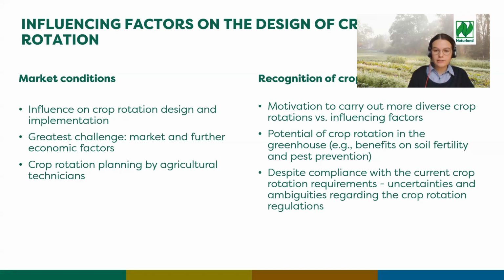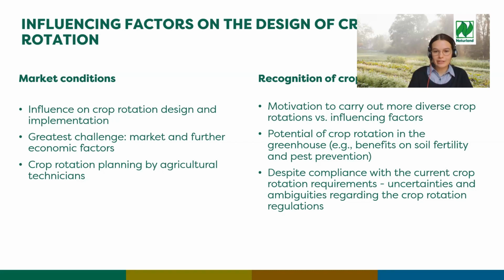This was shown by the example that economic factors are perceived as the greatest challenges in crop rotation planning. Furthermore, the crop rotation is mostly planned by the agricultural technicians, and their decision-making criteria is mostly driven by market factors. This shows a lack of co-determination by farmers over the choices of the main crops and agroecological service crops.